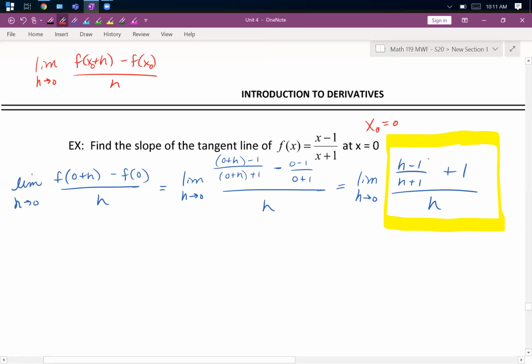So if we multiply absolutely everything by h plus 1, make sure top and bottom, then all of the individual denominators cancel out, and we're left with just a rational expression and not a complex fraction.